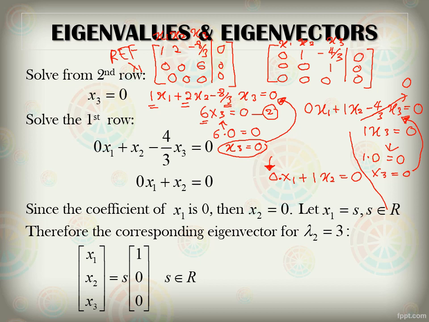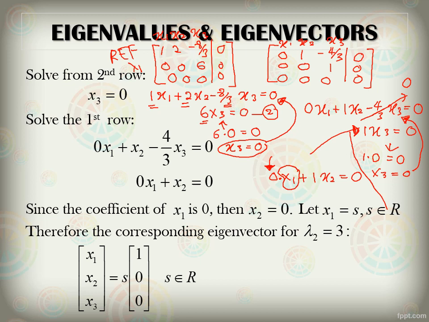Do you get what I mean? Since we have the coefficient of x1, which is 0, that does not mean our x1 equals 0. It's not similar to this at all. This is exactly x3 must be 0.